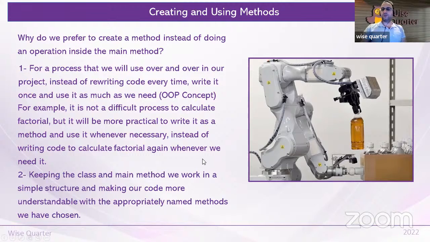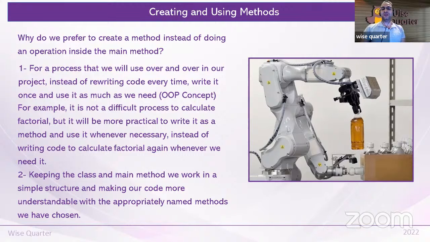This way, if you use methods, and methods will have a name, the main method will be more understandable. There will be less code there. When somebody comes to your code, they won't live a hard life.